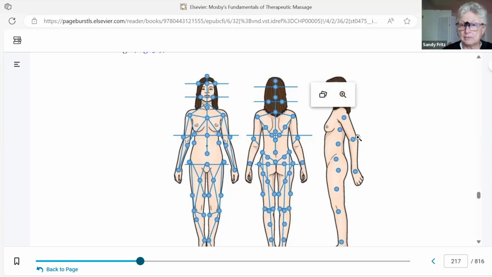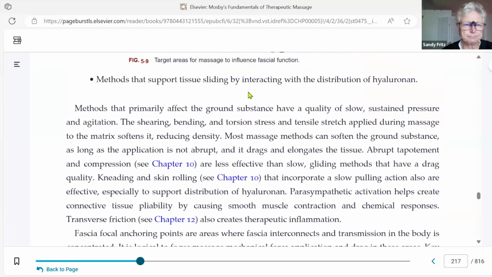These are good places to use an adjunct method of a suction decompression. Obviously, it's not going to work in the hair, but if you're wondering, cupping is the common term. If you're wondering where to put a suction cup, these are areas where there's a lot of crisscrossing of these connective tissue structures.